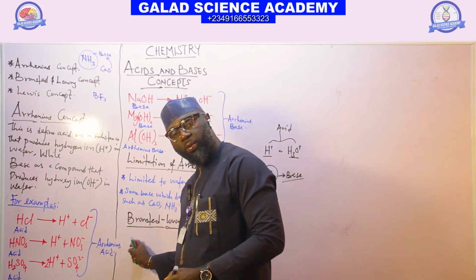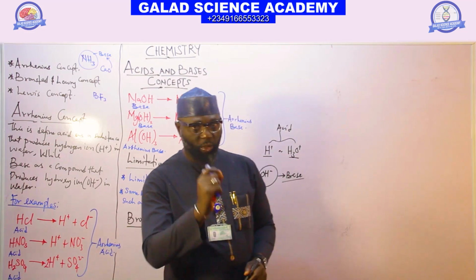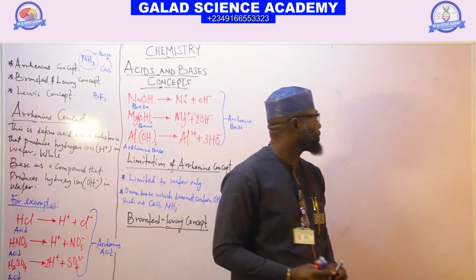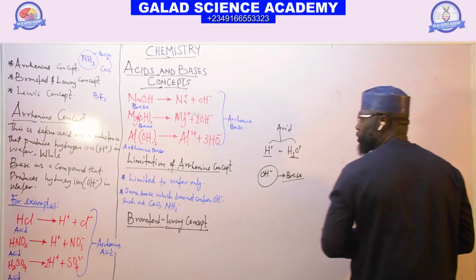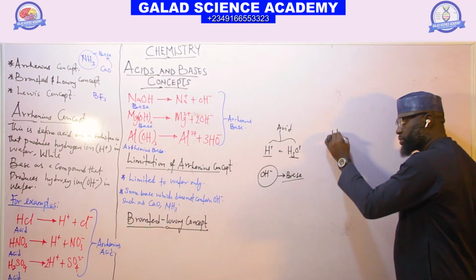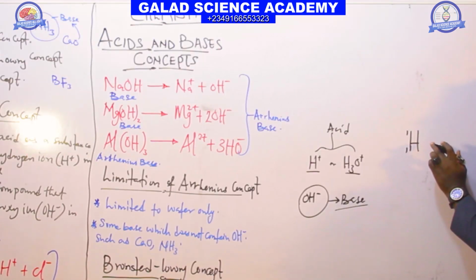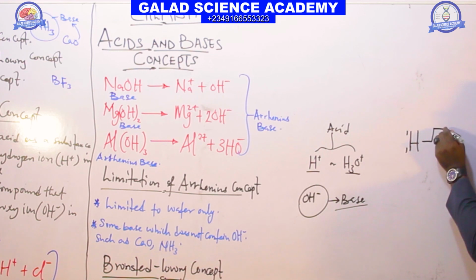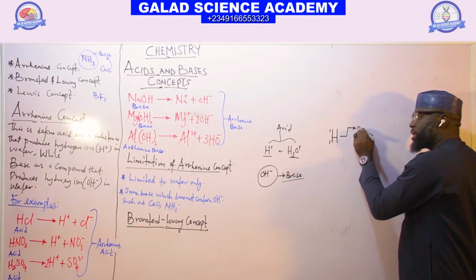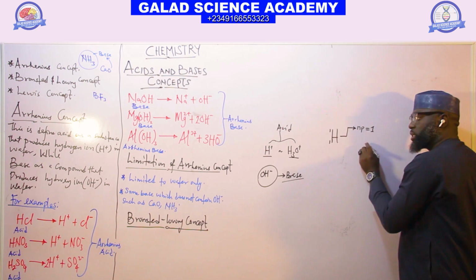Before I explain this Bronsted-Lowry concept of an acid, let me just introduce something to you on hydrogen. We all know the hydrogen atom. In this hydrogen atom, the number of protons, call it NP, is 1.